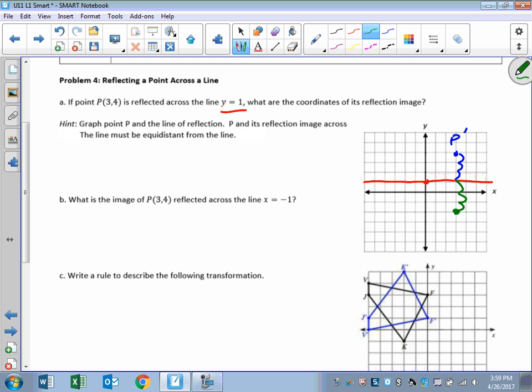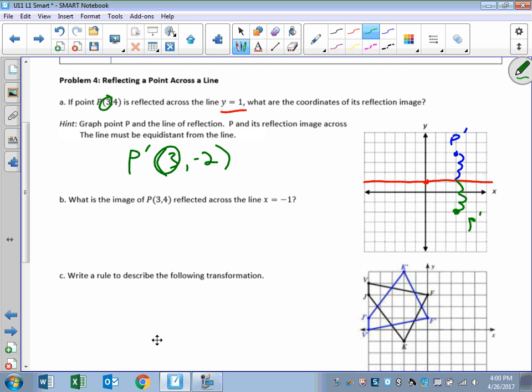So it'll be right there. So P prime would actually be at (3, -2). Notice that when we're reflecting over a horizontal line, the x doesn't change. It was 3 in the original, it's 3 in the copy. Okay? That's because you're reflecting over a line that's horizontal.